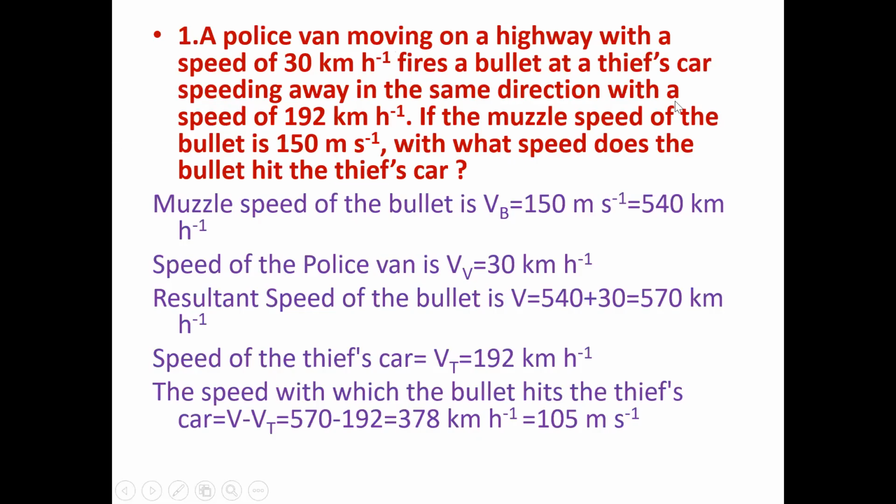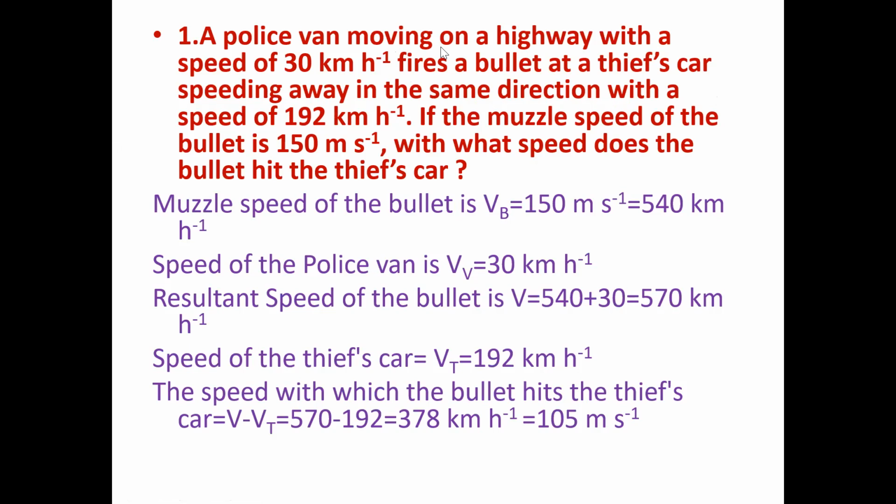It's going like this. It is moving at 30 kilometers per hour. And now it is chasing some thief's car, I think. It fires a bullet at the thief's car speeding away in the same direction with a speed of 192 kmph.